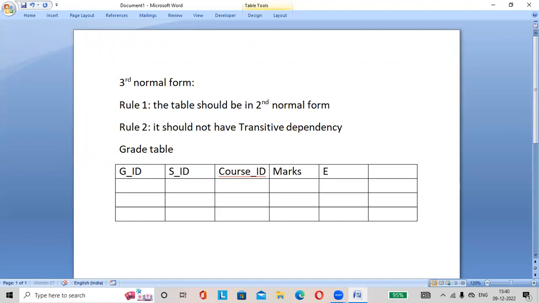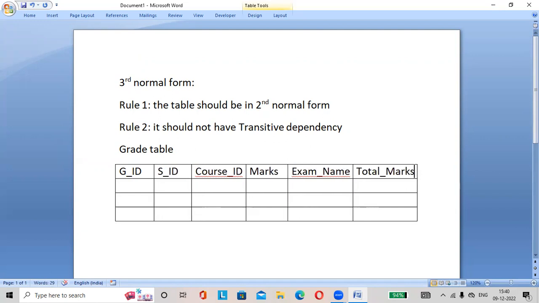Two more columns will be added: exam name and total marks. Okay, grade ID, student ID, course ID, marks, exam name, total marks.